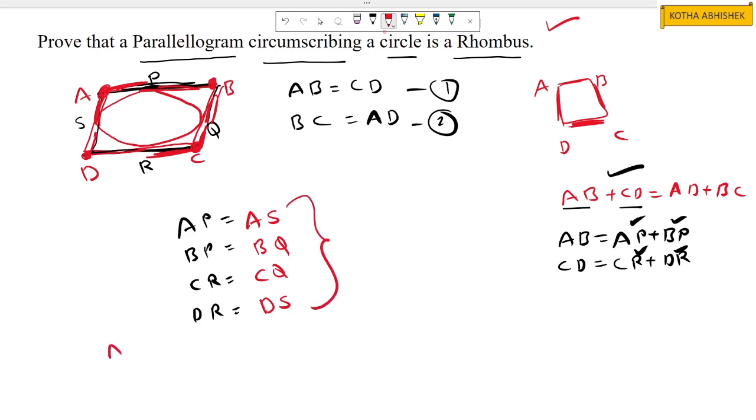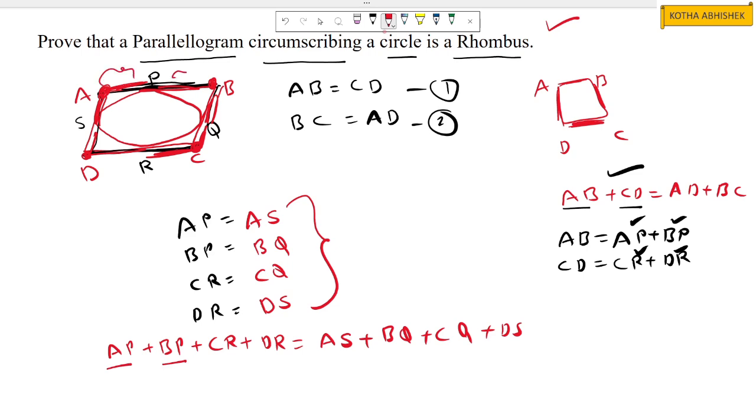Then what will it become? AP plus BP plus CR plus DR equals, on the right side also addition, AS plus BQ plus CQ plus DS. Here if we observe the figure, AP is this part and BP is this part, right?